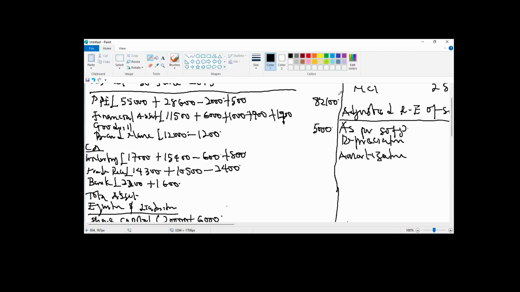Don't forget that one is 17. 21,100. 12,000 minus 12. That is 10,800. Inventory.